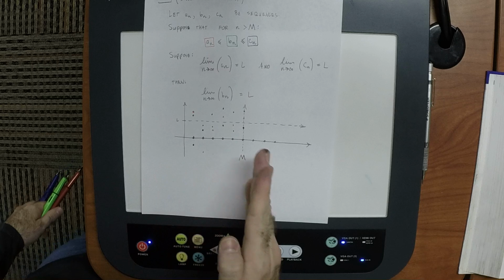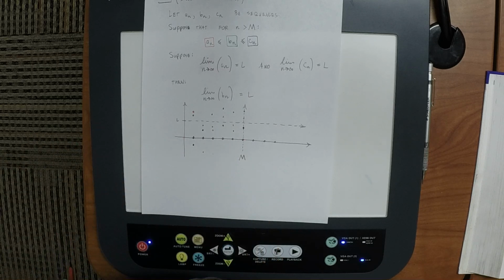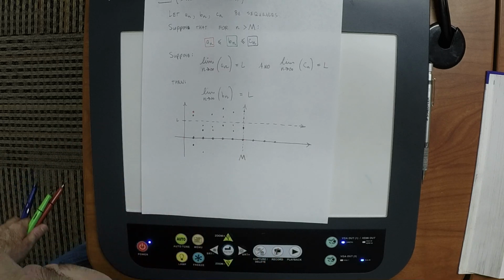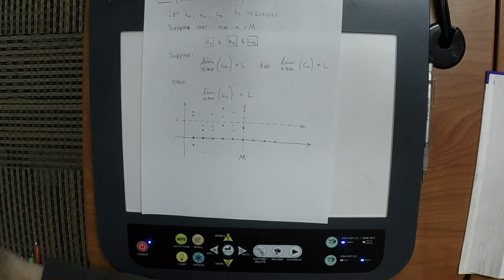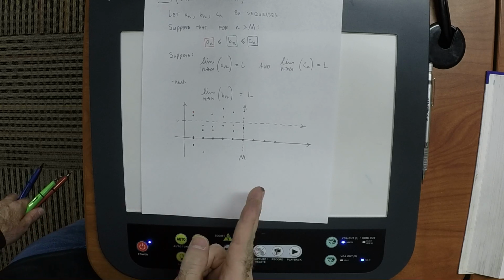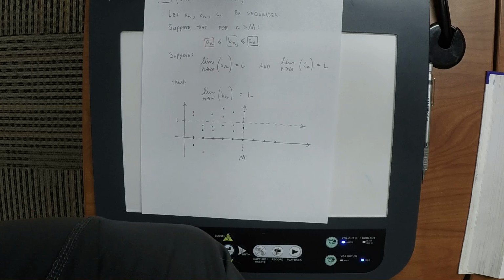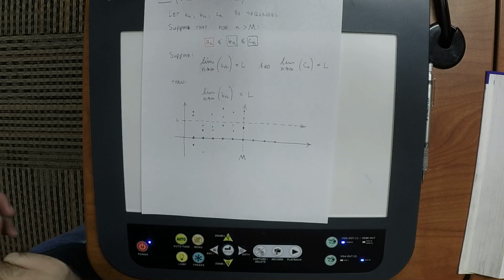Now that I've passed M, one thing that must occur is that going from bottom to top, they have to be in the order red, then green, then blue. That has to be the case. Furthermore, red has to be getting close to L in its height, and blue must also be getting close to L in its height.